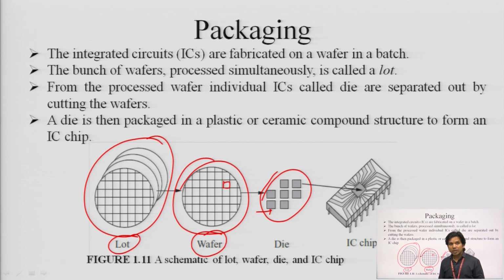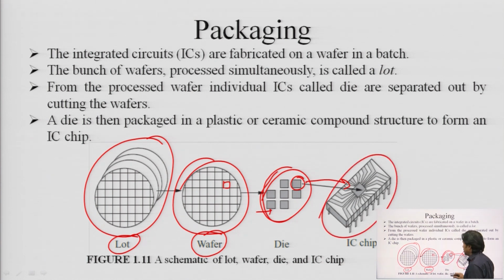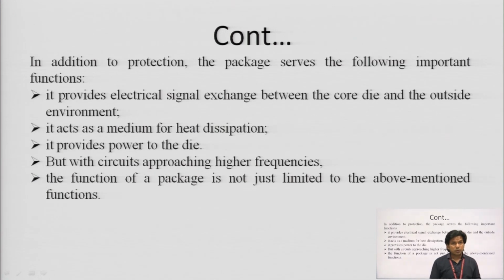Inside the die you have some circuitry, and to prevent that circuitry from environmental or contaminant things, we have to package this die in a particular chip. This is called packaging.